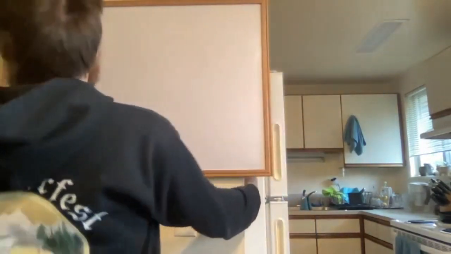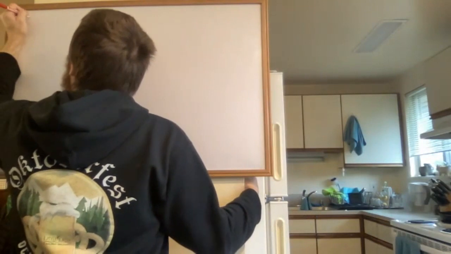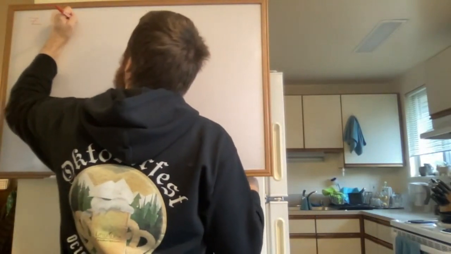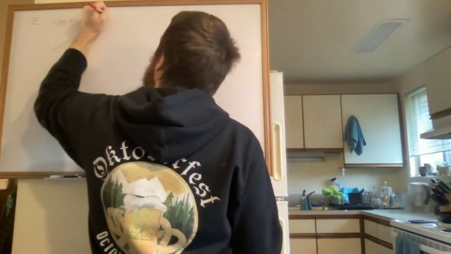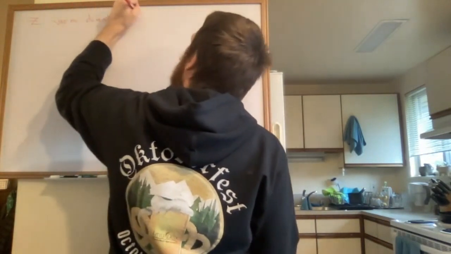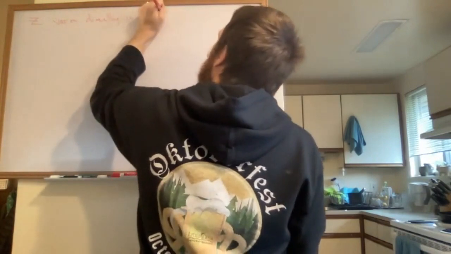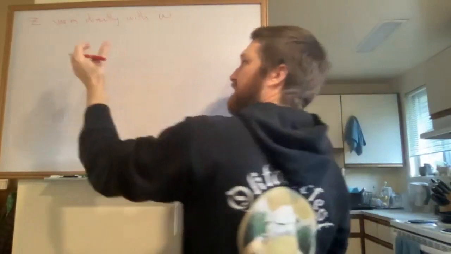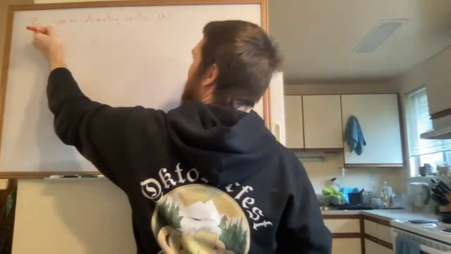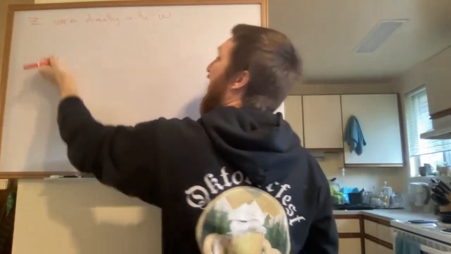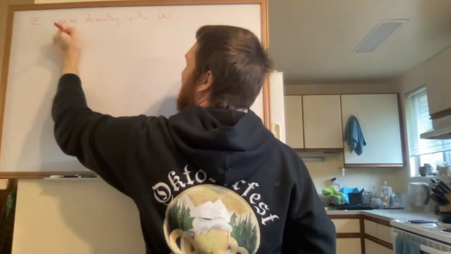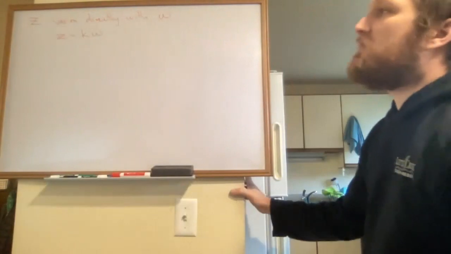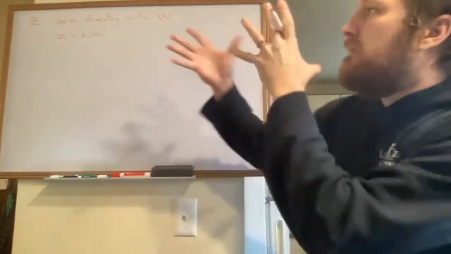Let's just use Z and W. Let's say that Z varies directly with W. What does that mean? Z equals KW. There you go. It means that there is some constant K such that that works.